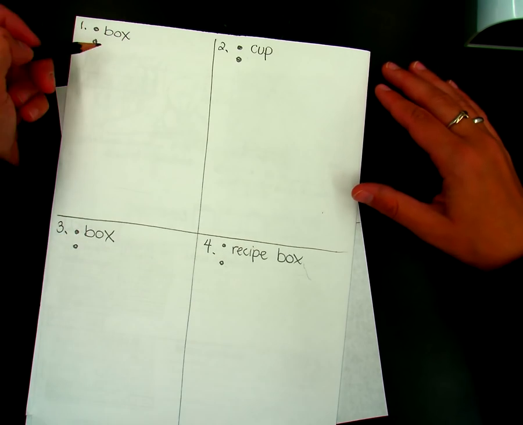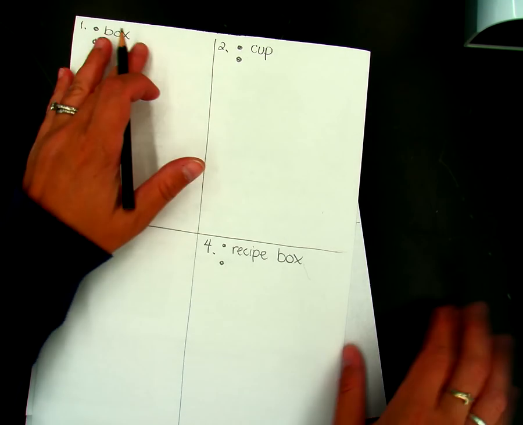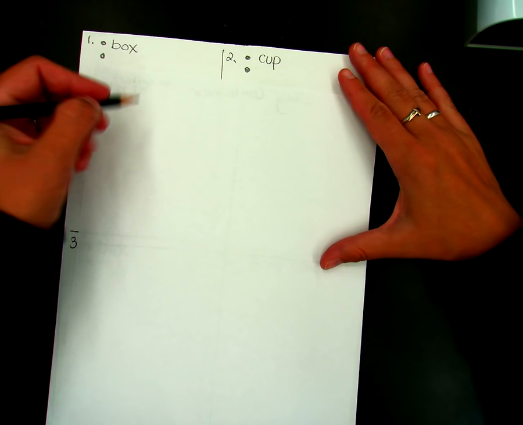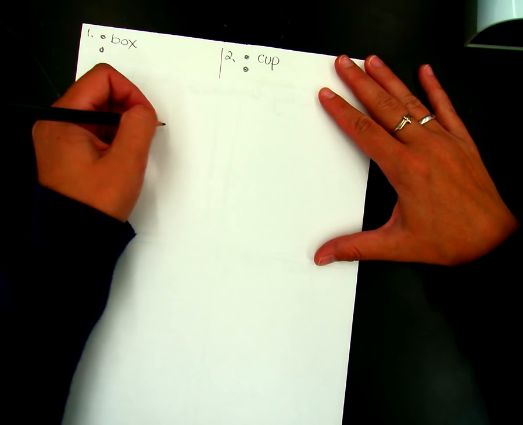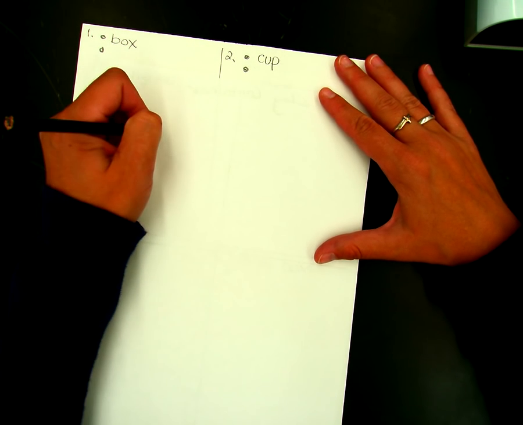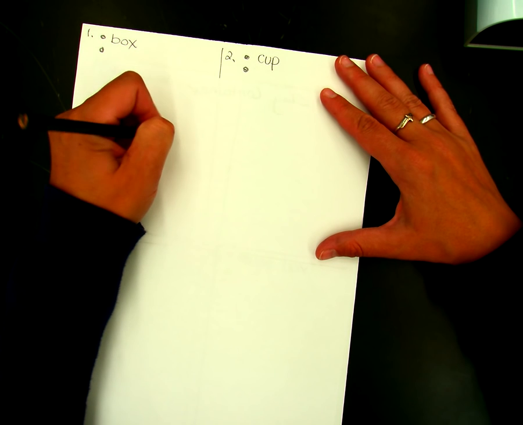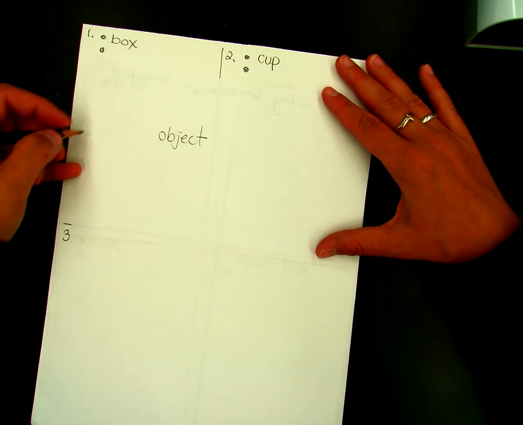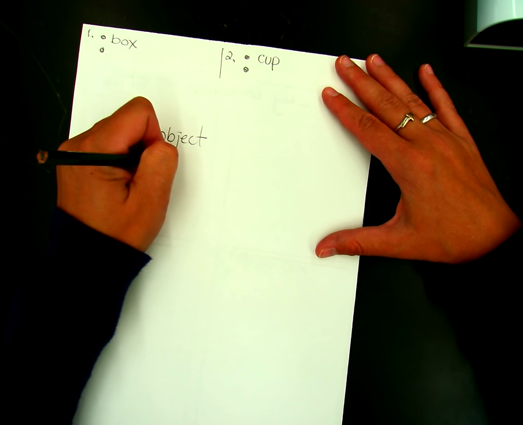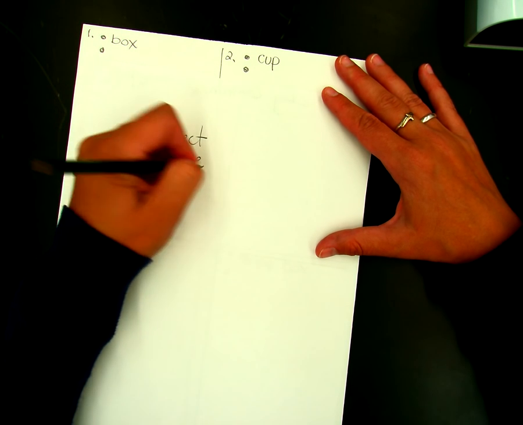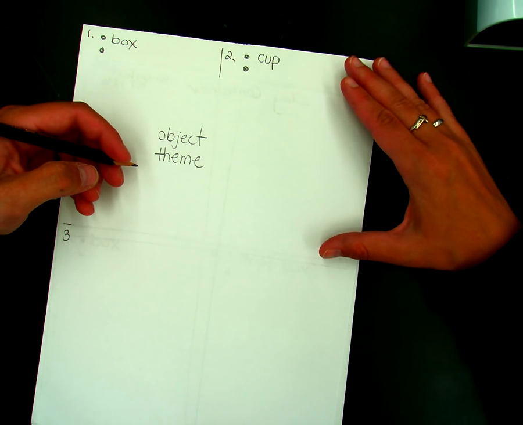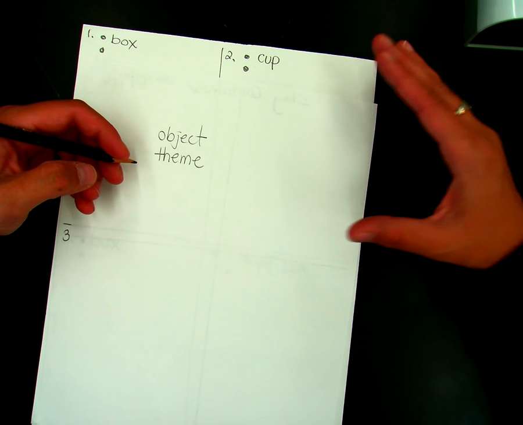Then the second part is you need to come up with what's it going to look like. So there's going to be 4 different categories that you can come up with. One is that it's in the shape of another object. That's one way that you can work on it. Next way is that it's using a theme, like maybe it's all about sewing, maybe it's all about a specific sport, maybe it's all about nature.